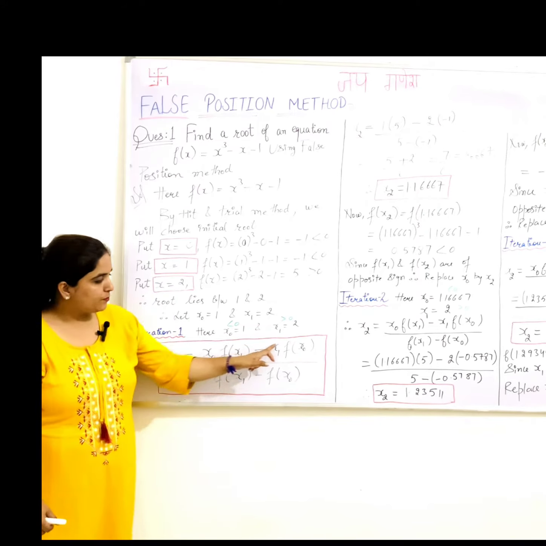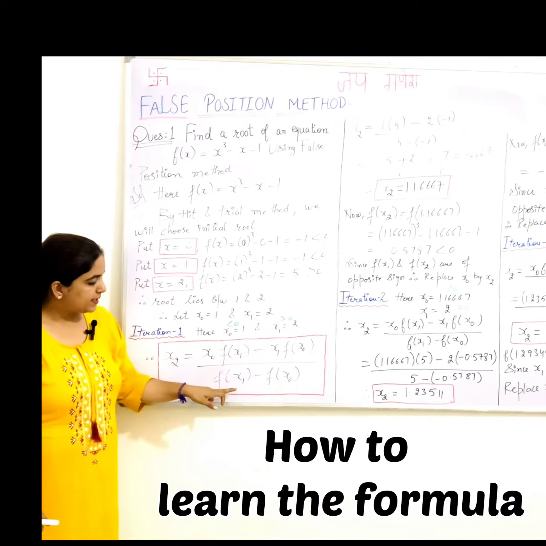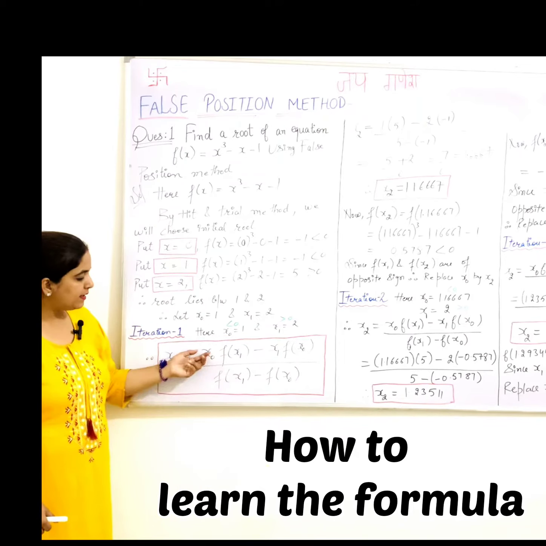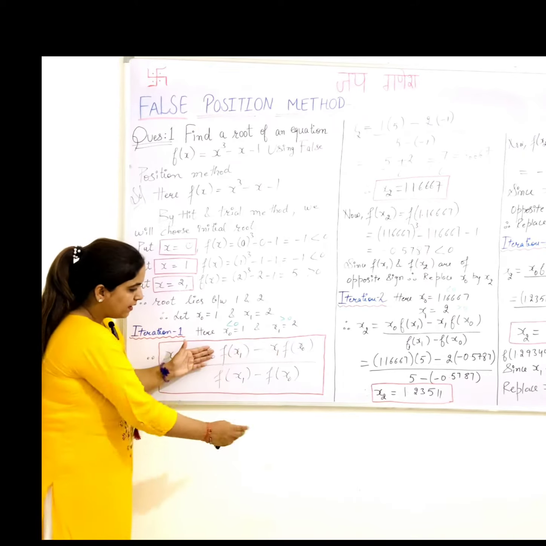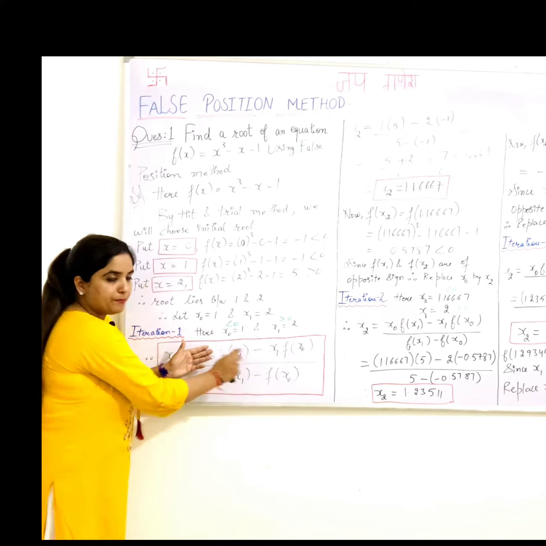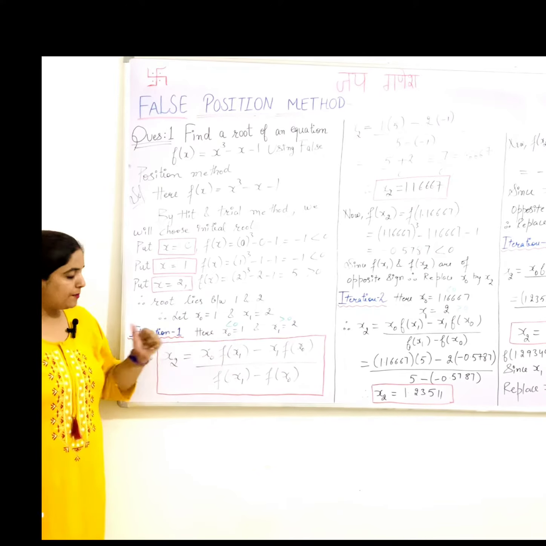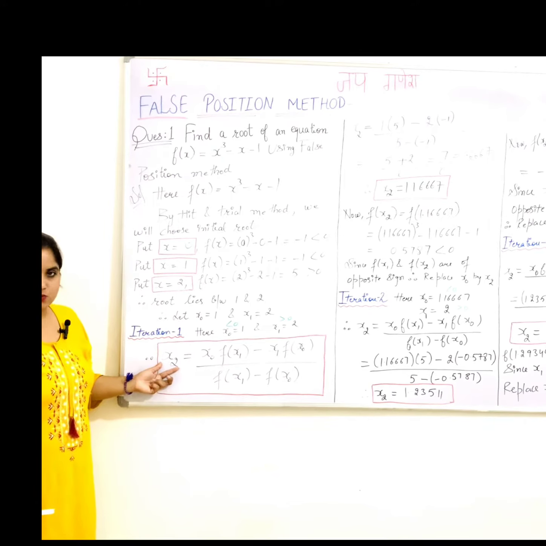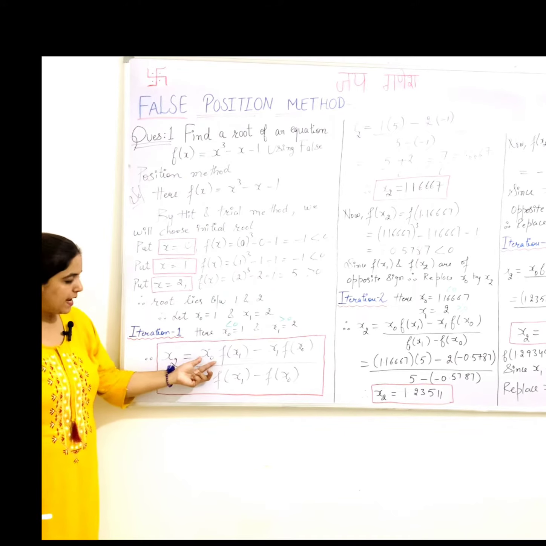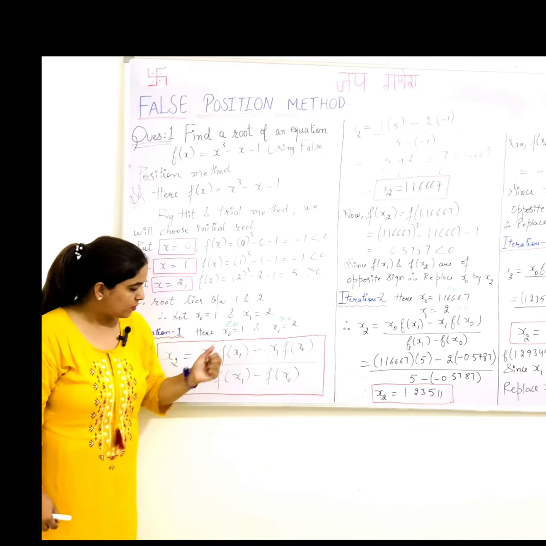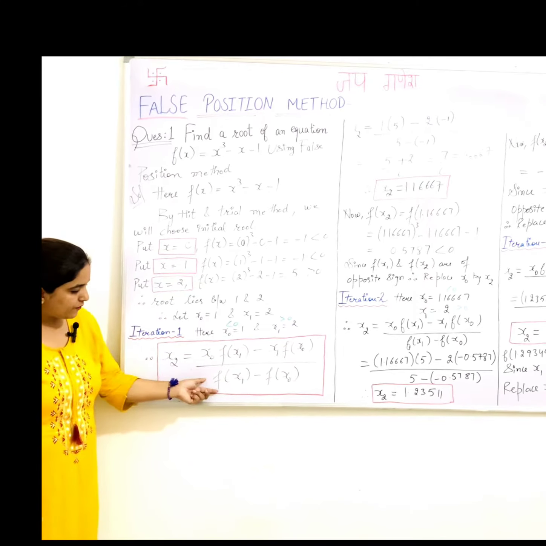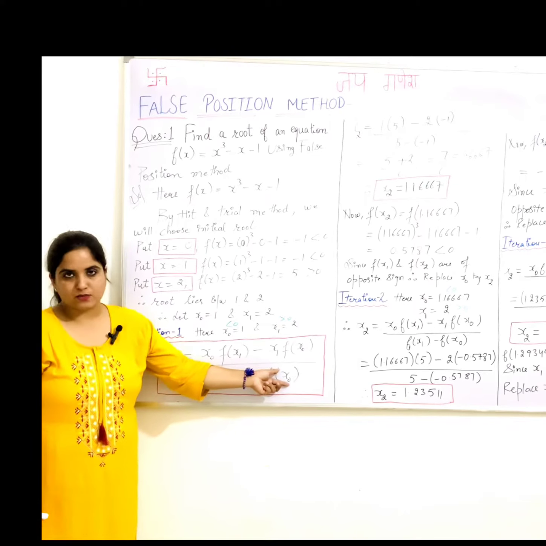If we learn the numerator, the denominator is almost the same. We are only deleting x0 and x1; the rest of the values are the same as in the numerator. So I am repeating, the value of x2 will be found by the formula x0 f(x1) minus x1 f(x0) divided by f(x1) minus f(x0).